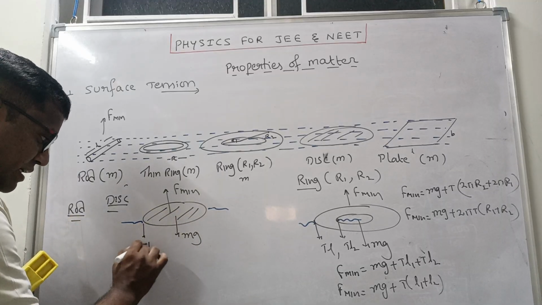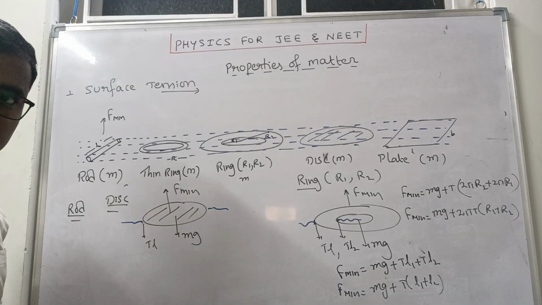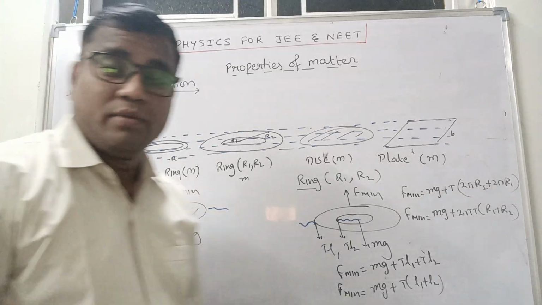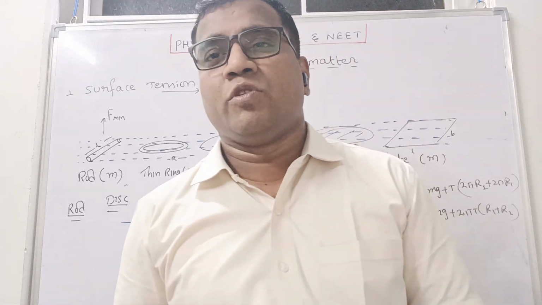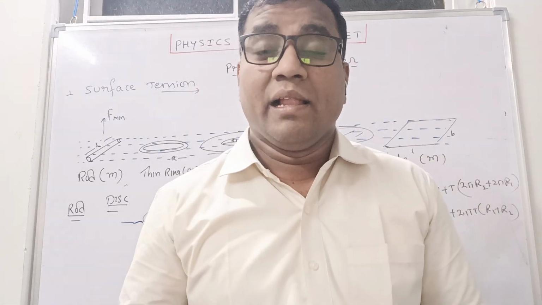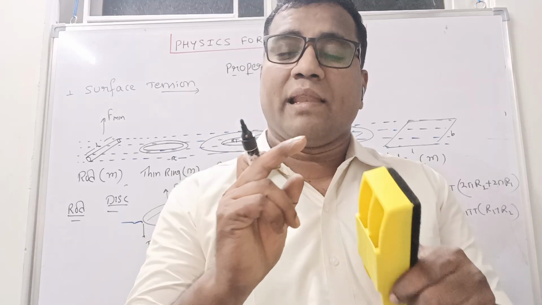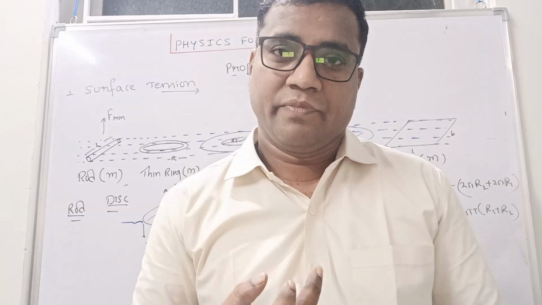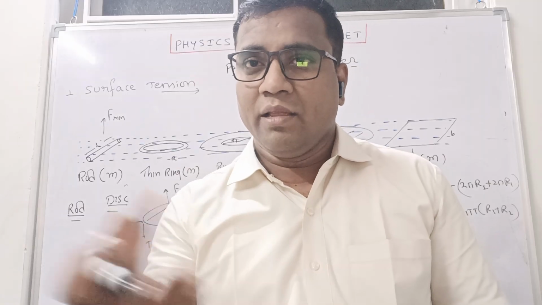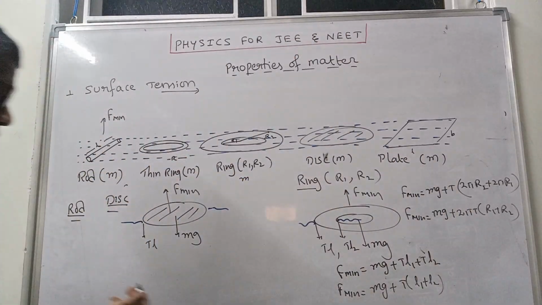So downward I will write T into L. Why? Because we know surface tension is equal to force per unit length. Length is nothing but the length of the body which is in contact with the liquid surface. So here how much is it? TL.